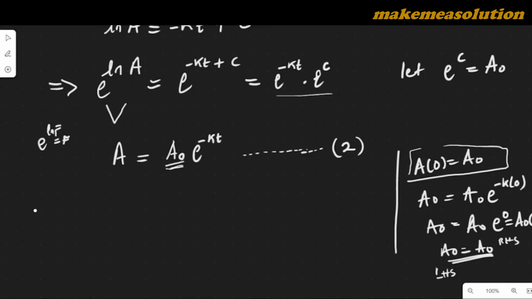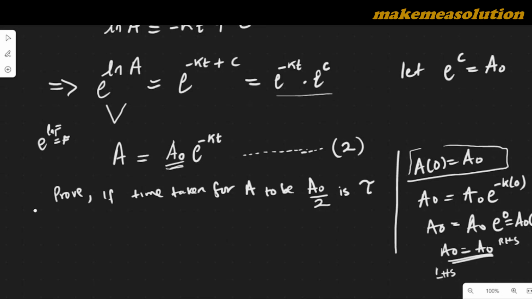Now they want us to prove that if the time taken for a to be half a, that's a naught over 2, is actually t like this, then a is going to be a naught exponential minus, we'll have something like ln 2 all over t, then t, something like this, I guess.